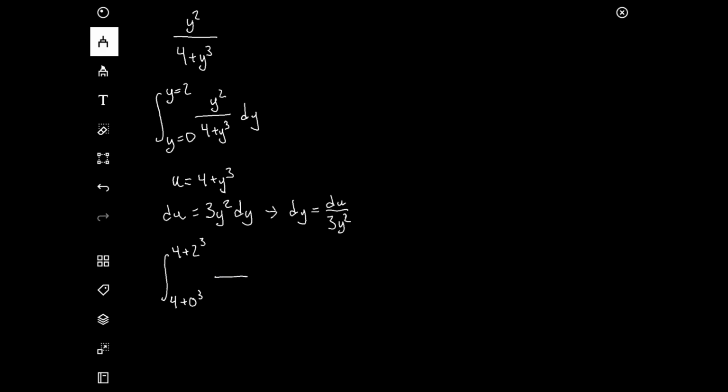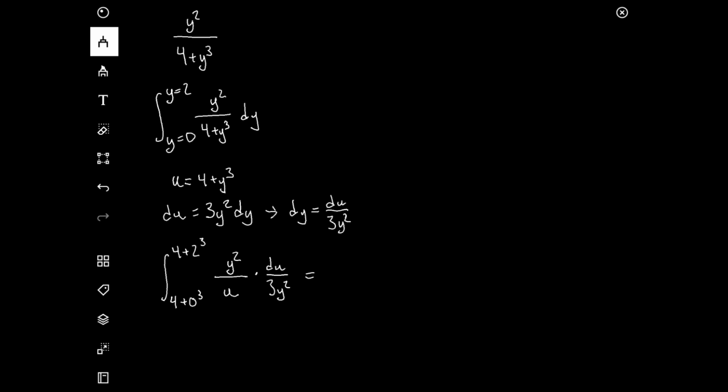Now we have y squared over u, because u substitutes in for 4 plus y cubed. dy turns into du over 3y squared.